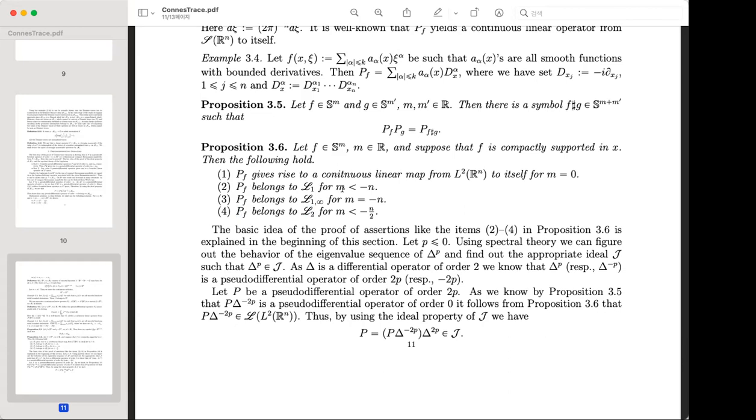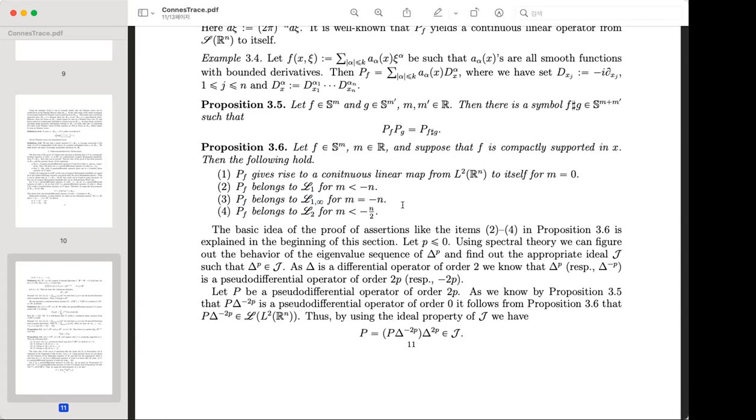If m is less than minus n, then the associated pseudo differential operator belongs to the ideal of trace class operators. And if the order is equal to minus n, then it belongs to the ideal of weak trace class operators.